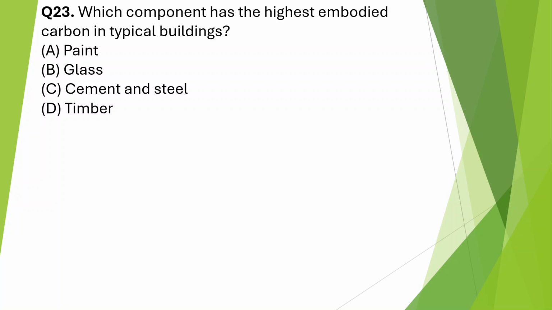The 23 question is asking you all about which component has highest embodied carbon in typical buildings. So this question is very popular. It has been asked in the assignment questions also, and the previous year sample problem questions also that we have discussed.